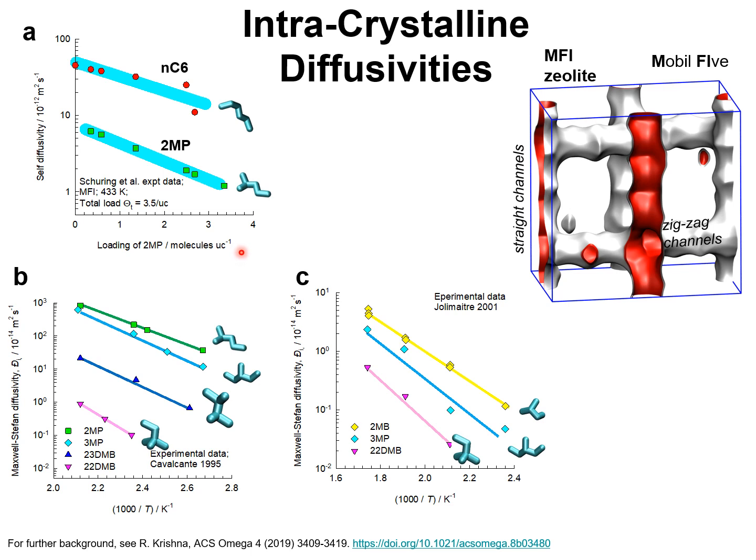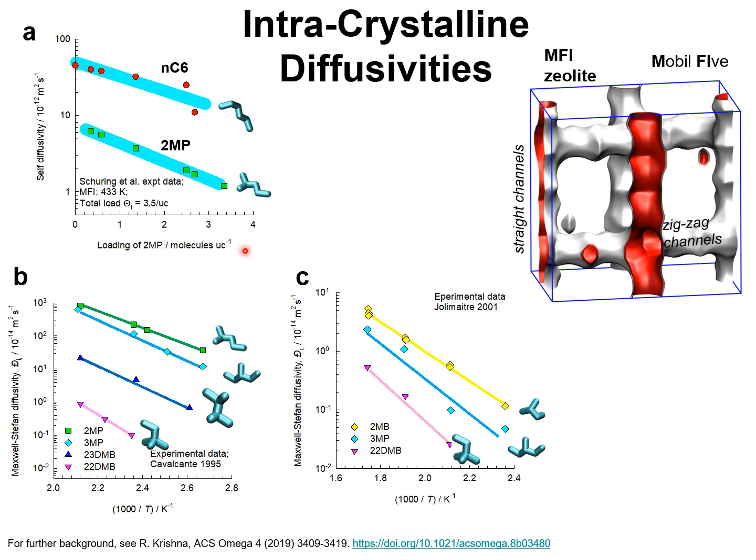Therefore, the intracrystalline diffusion favors the linear isomer and disfavors the monobranched and dibranched isomers.